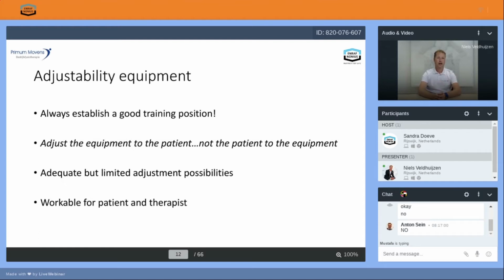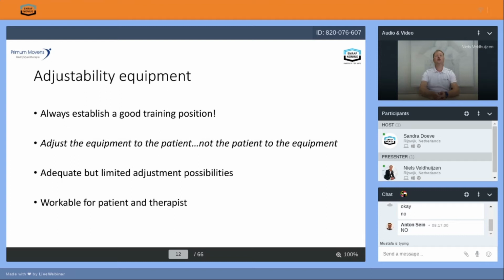Every machine has adjustment possibilities. Those of Enraf-Nonius are adequate, and they're also limited. And limited doesn't mean that you do not have possibilities to find a good position for your patients. No, actually it's the contrary.